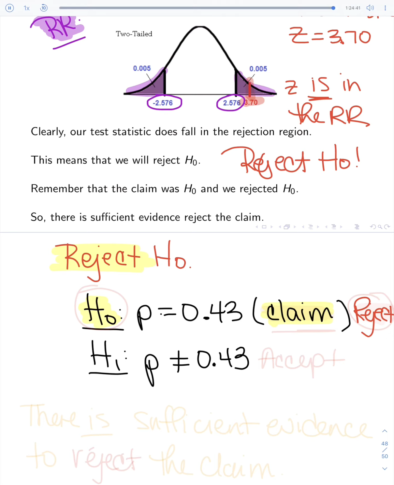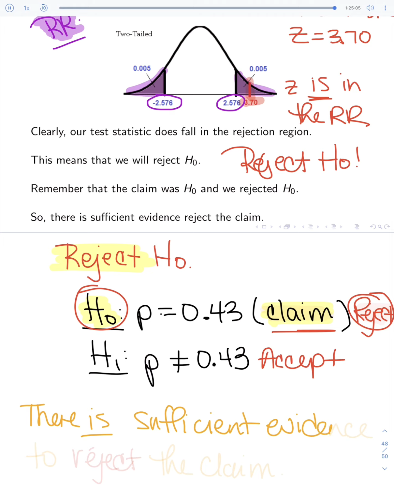Notice, had H1 been the claim, we would have done the reverse. We would have accepted it. But we're on H naught, which is where our claim is, which is where we're going to reject. So we're not failing to do something. We are actually doing something. So we're going to say there is sufficient evidence, because we're going to do something.